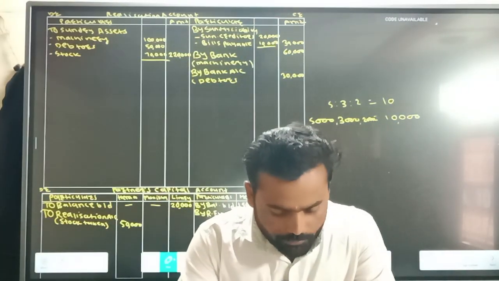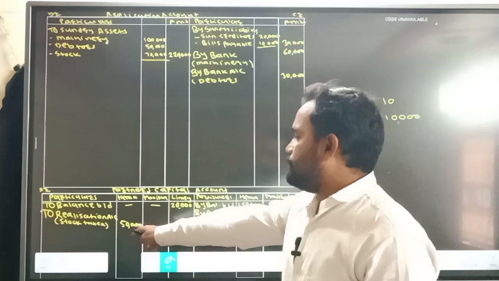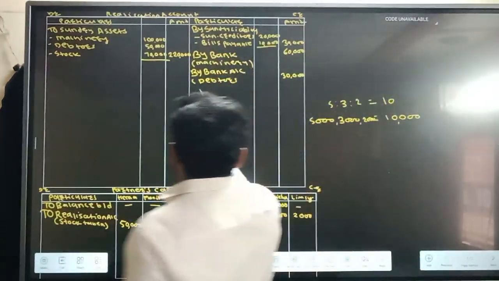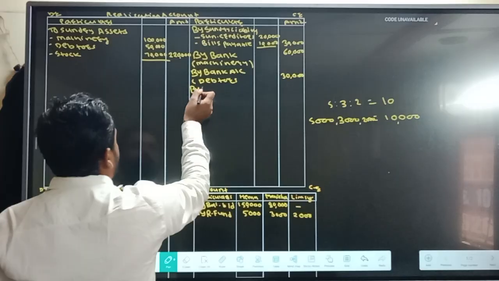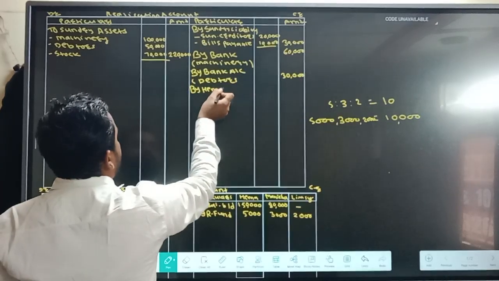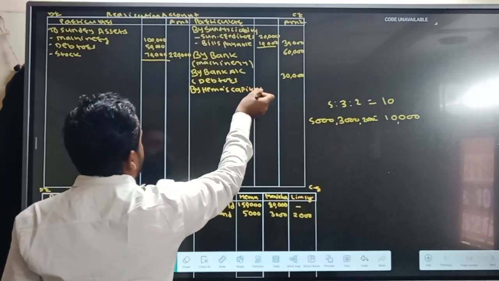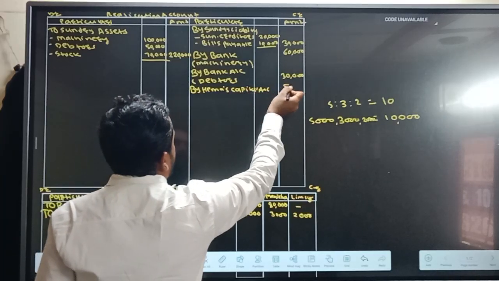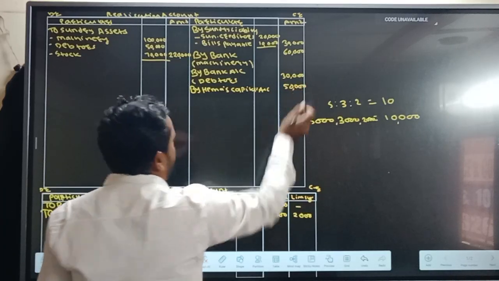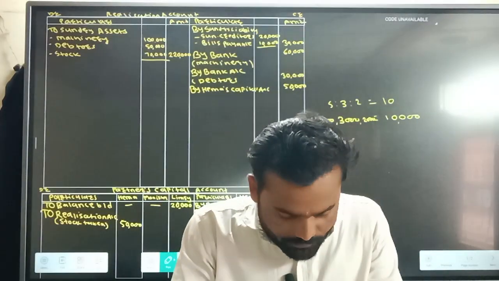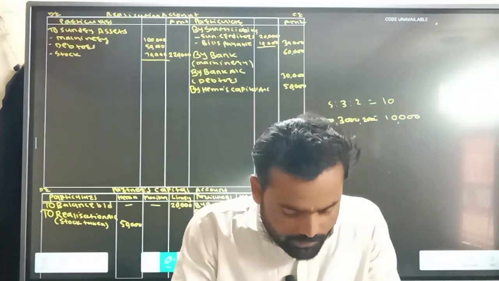Second effect of 50,000: credit side to realization account by Hema's capital account, 50,000. Understood? Yes. Okay.